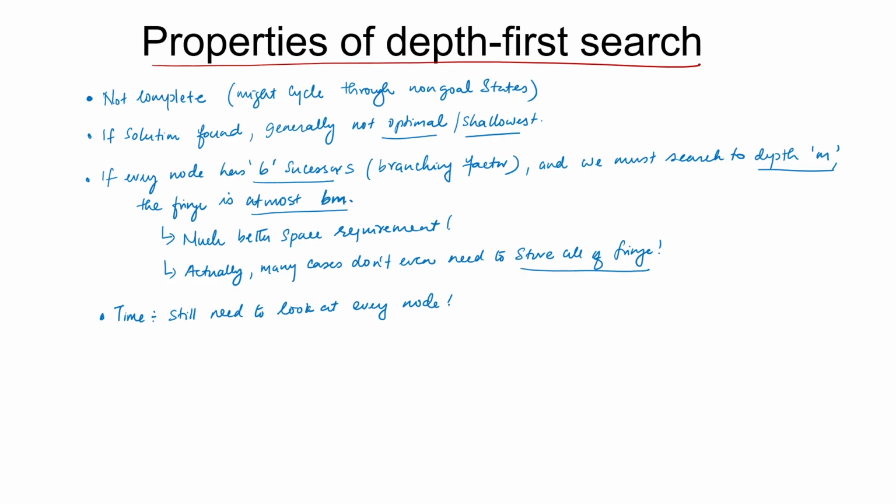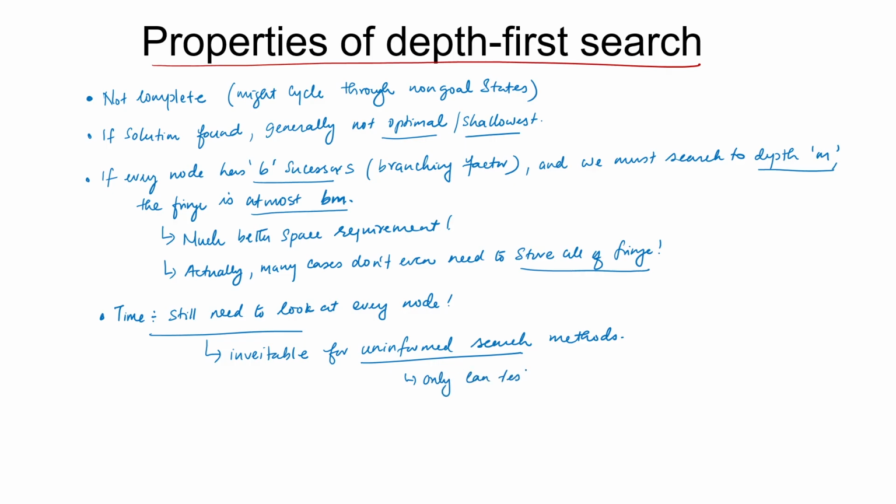This is inevitable for uninformed search methods, because you can only test whether it is goal or not. That is the reason you have to go through every node. So that is the major properties of depth first search.